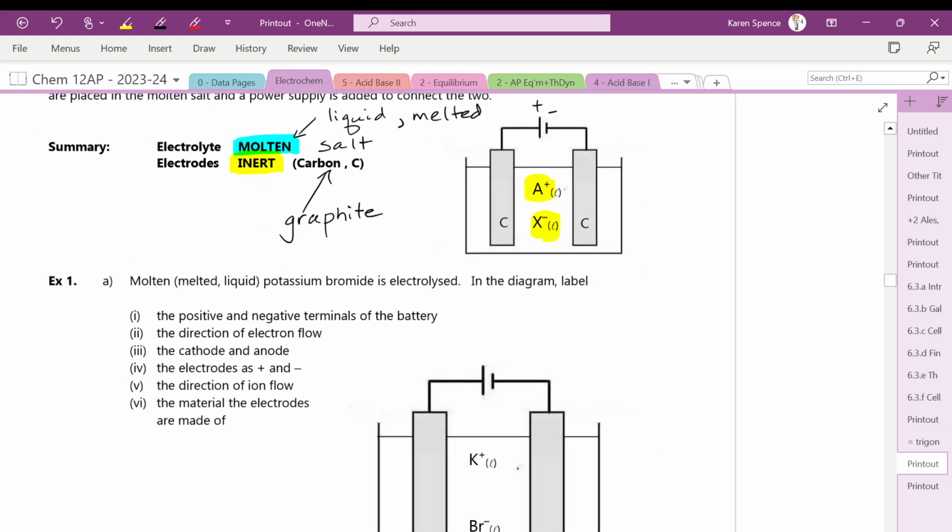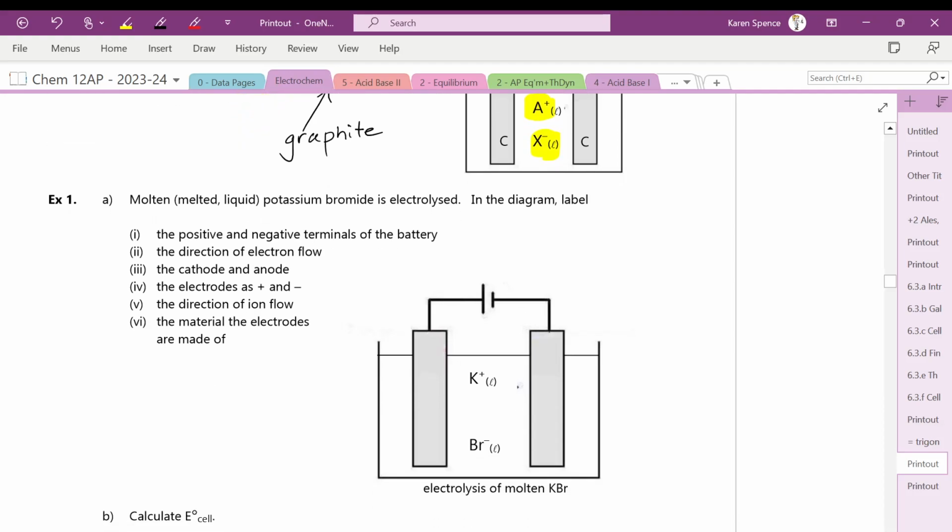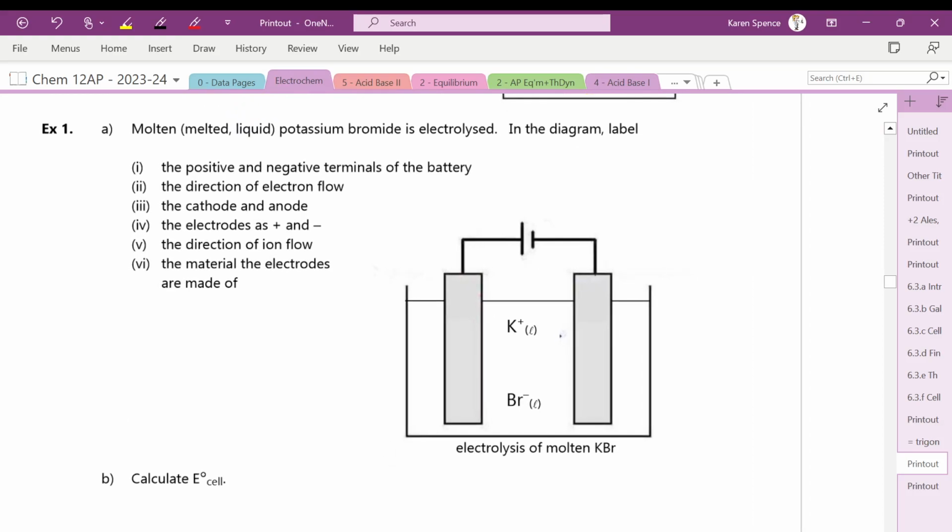On your diagram, label the positive and negative terminals of the battery, the direction of electron flow, the anode and the cathode, and the direction of the ion flow. So you're going to take the K and the Br and show which direction they move, and label the material the electrodes are made of. Go. And when you're done that, calculate the cell potential.